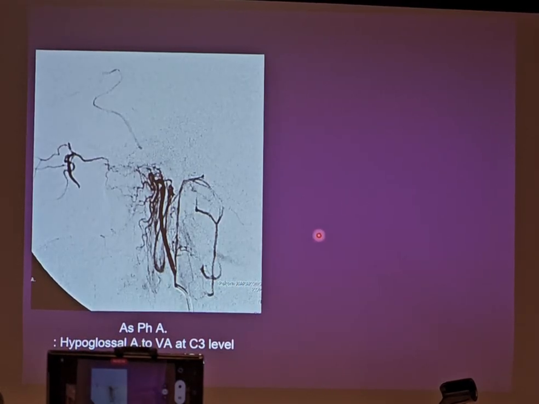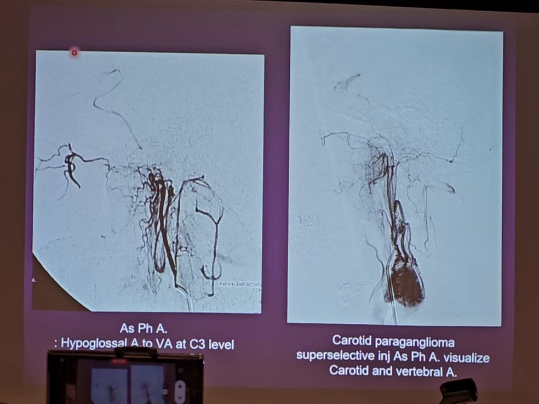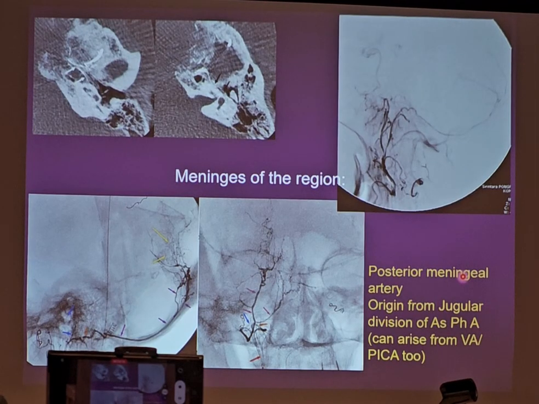In superselective injection, again, not only the filling down at the C3 level for the vertebral artery, you see also the superior pharyngeal branch going back through the mandibular, filling up all this internal carotid artery. So this is the dangerous artery that can cause stroke not only in the posterior circulation, but also the anterior circulation. So this is the regular musculospinal supply to the glomus tumor.